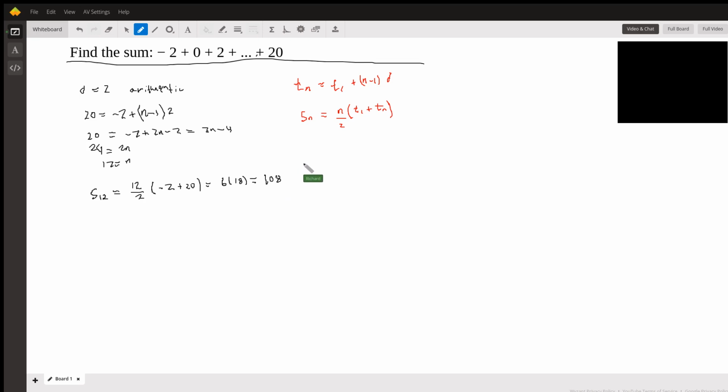It's fairly quick and easy to do by hand if you remember your formulas. You can also do this on the calculator, and there's a sequence mode on the calculator that you can use, and I'm not going to get into that because I don't know whether your teacher will allow you to use your calculator, and a lot of teachers don't.